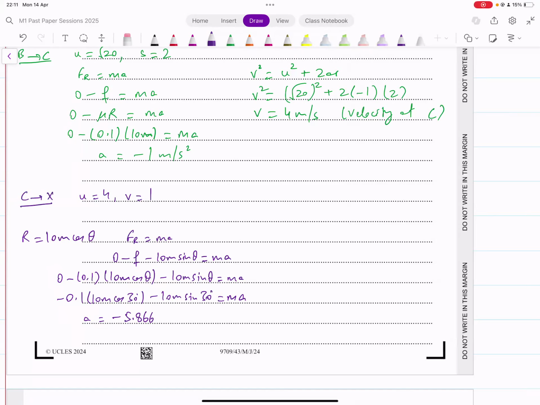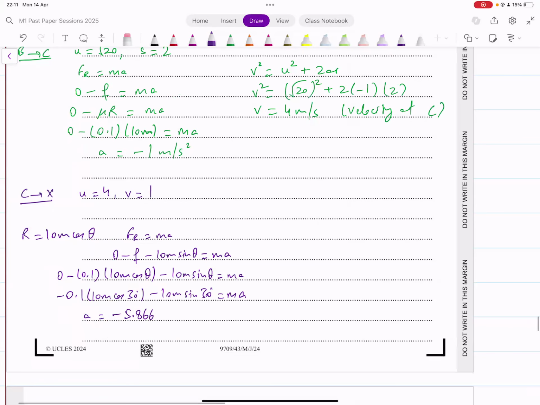Initial velocity and final velocity, what is it that we're looking for? We're looking for displacement.